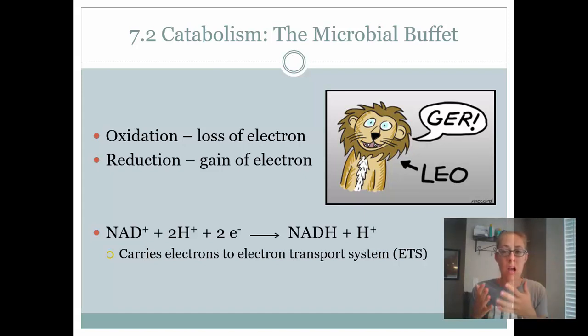These series of proteins are called the electron transport system, and they are going to transport those electrons that they receive from our electron carriers. So we'll talk more about this idea at the very end of this chapter, but understand that we are going to reduce our electron carriers, and they will pick up in that reduction electrons to take them to someplace else.